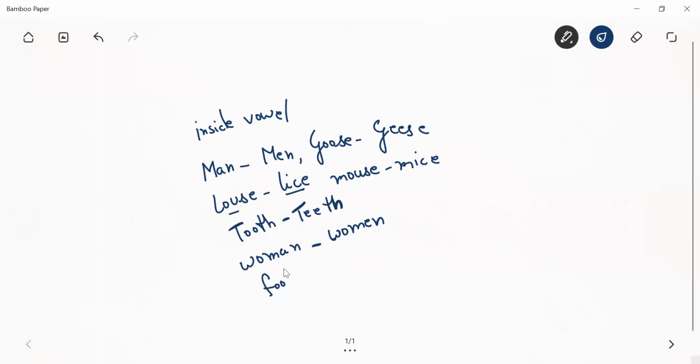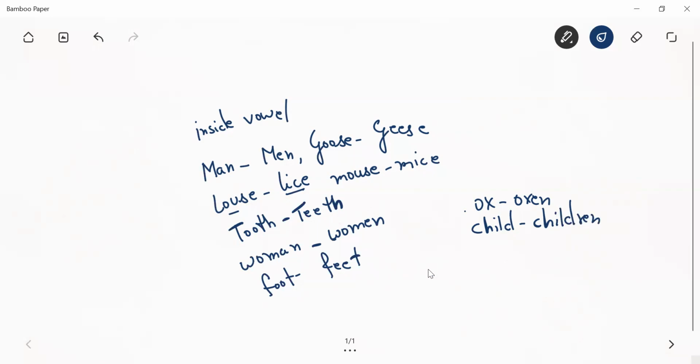Foot is also one of the special words: feet. Now there are a few nouns that form their plural by adding EN. For example, ox, oxen. Child, children.